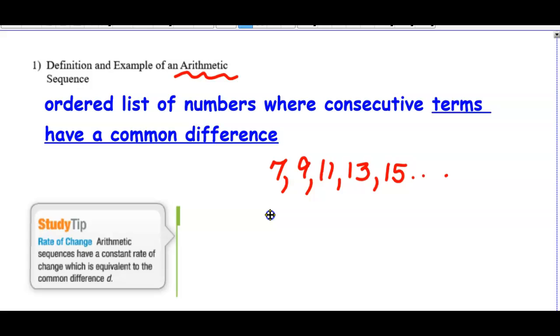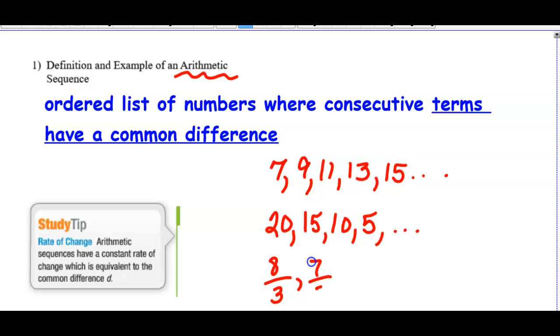We could start with 20 and go down by 5s. We could start with 8/3 and go down by 1/3. Now when we get to 6/3, that would be reduced.